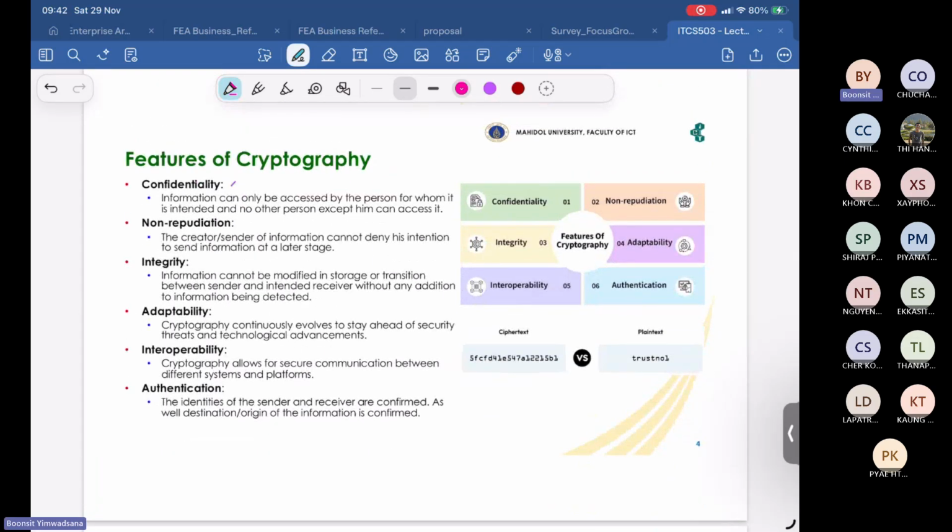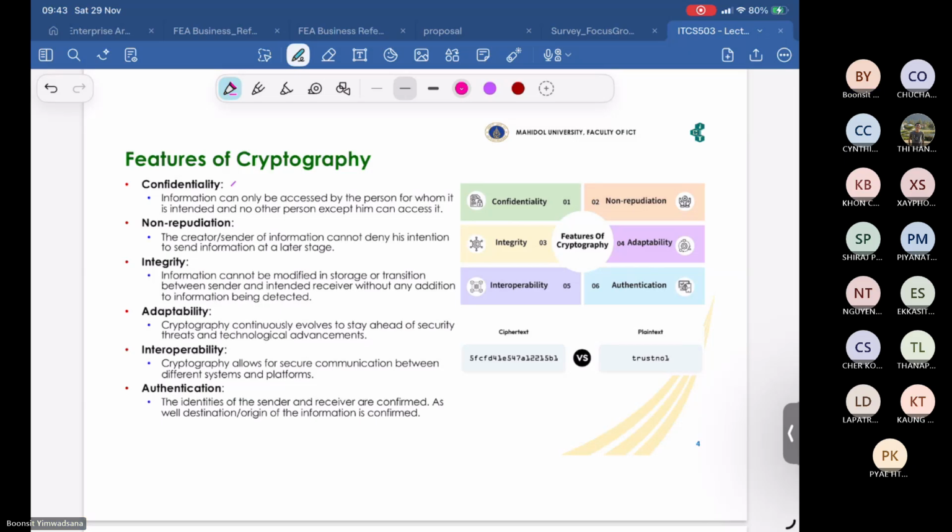The benefits of cryptography is confidentiality. The message that we send, we can send it in secret. That's confidentiality. Non-repudiation. Cryptography, if used correctly, only the person who holds the key can be limited, and in this case, anyone who uses this secret can be identified.